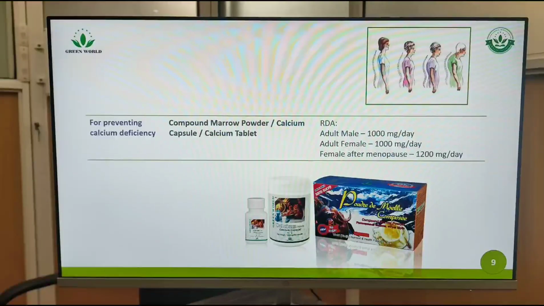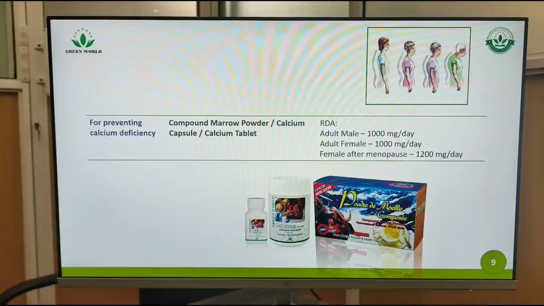Now 1000 milligram, if we compare it with milk, we know that milk has calcium, though it doesn't have enough calcium because the important part has been eliminated. You need like 8 glasses of raw milk to get 1000 milligram per day. One glass is mostly 500 ml.